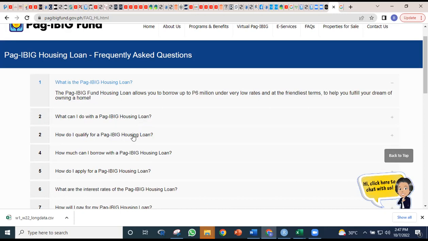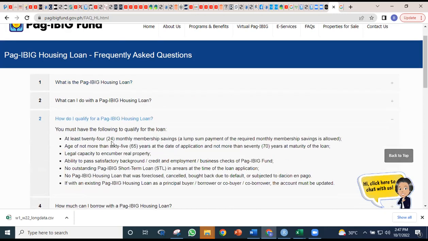So there are certain qualifications. At least you should have deposited 24 monthly memberships. Age should not be more than 65 at the date of application and not more than 70 at the date of maturity of the loan. Legal capacity. So these are the requirements. We're not really here to discuss the details about a Pag-ibig loan.